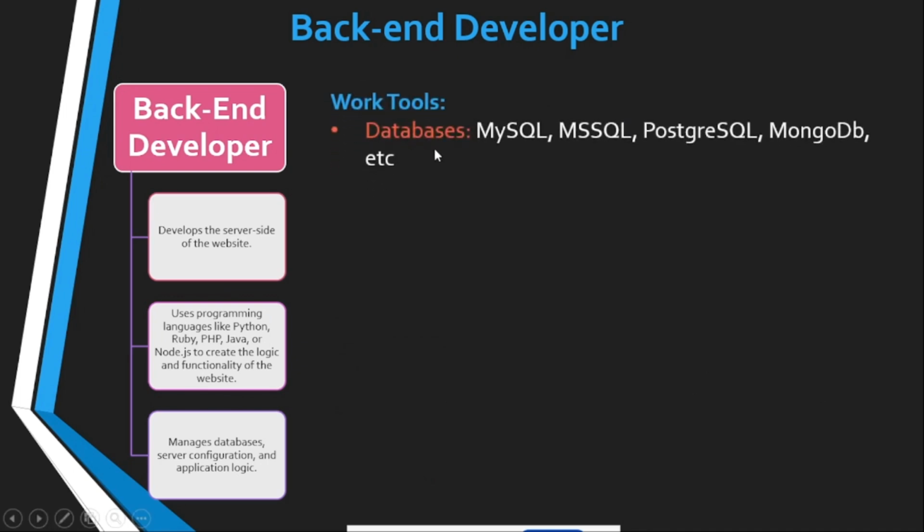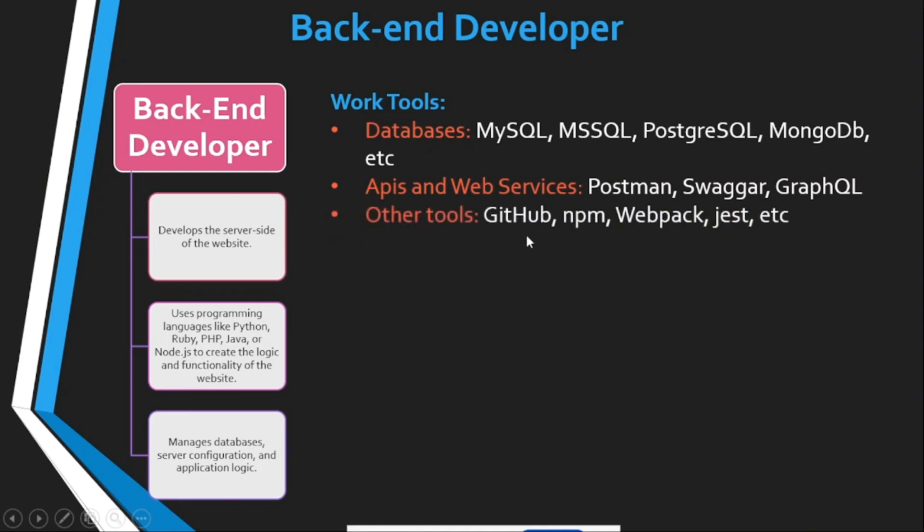Of course, you need to know database, like we said, MySQL, MSSQL, Postgre, MongoDB, etc. And then there are some other API software like Postman, Swagger for building APIs, and then other tools like GitHub, NPM, and so on. These are the things that back-end developers make use of.